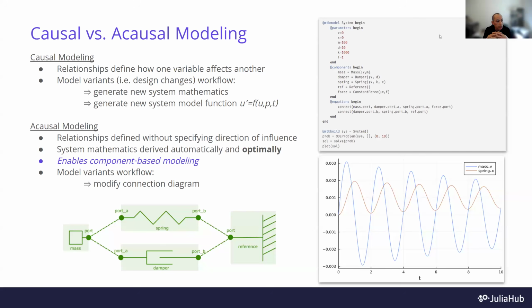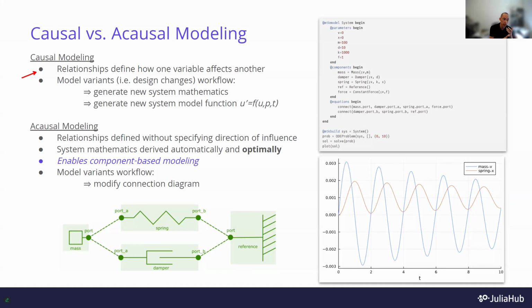So there's this idea of causal versus acausal modeling, right? In causal modeling, relationships are defined by how one variable affects another. Specifically, when you design models or components, you need to specify what the inputs and outputs are, and those definitions are pretty rigid.